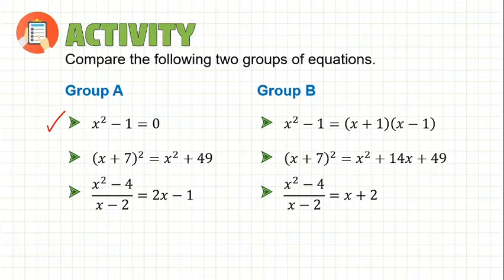Example, when x is equal to 0 for equation 1, this will become 0 squared minus 1, which is equal to negative 1, which is not true. Okay, so for x equal to 0, the equation will not hold. Okay? So there are some values in the domain that will not make the equation true. In fact, there are only two values in the domain that will make the equation true.